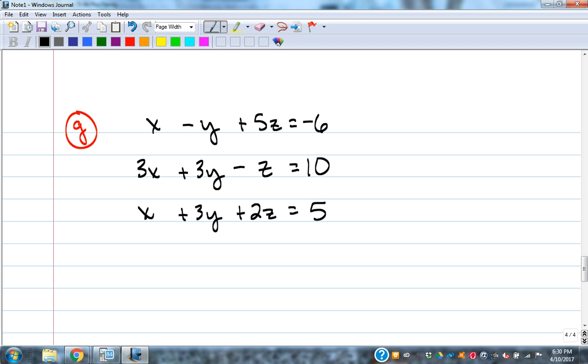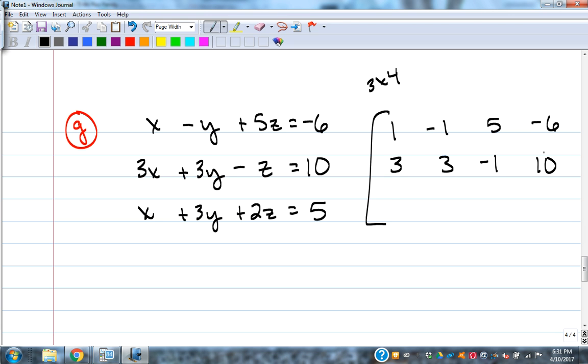I'm asking you to just look at this system of equations and think about what the augmented matrix is for this. What size should this augmented matrix be? How many columns? 4 columns, 3 rows, so it's 3 by 4. 1, -1, 5, -6, 3, 3, -1, 10, 1, 3, 2, 5.